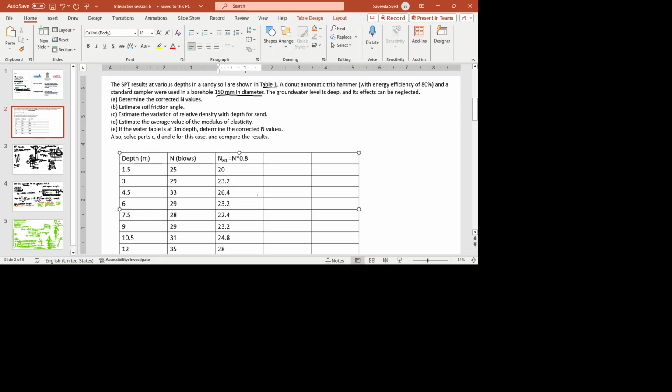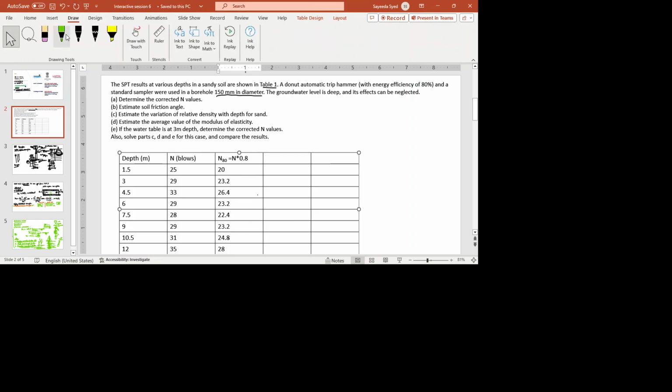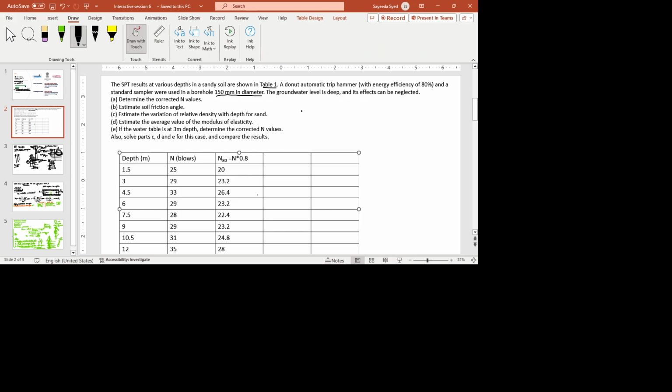The second correction is for the sampler. Let me actually write here. Okay, so our NH is 0.8, our NS is equivalent to 1, because you see it is a standard sampler. And what is our NB?